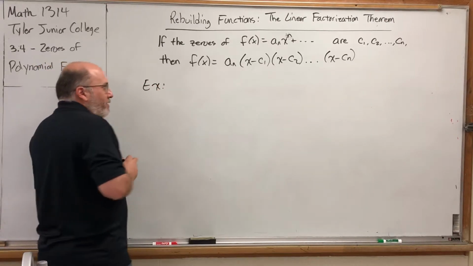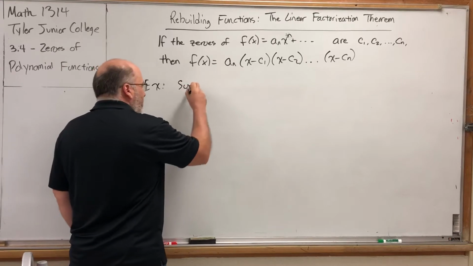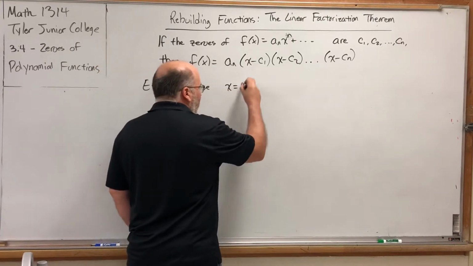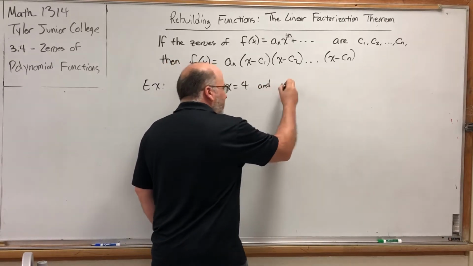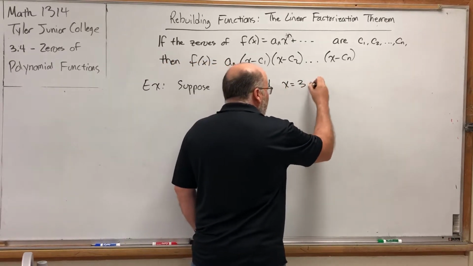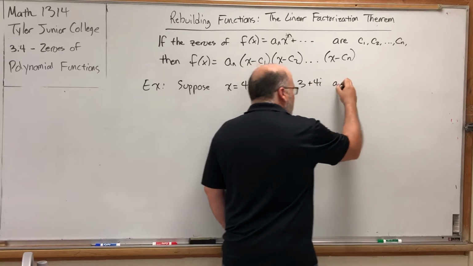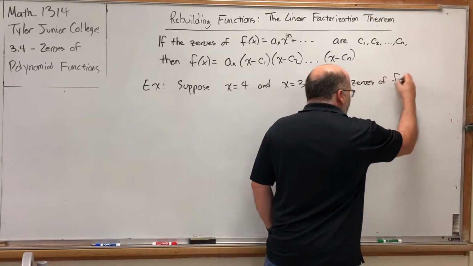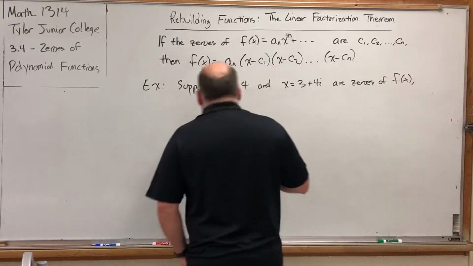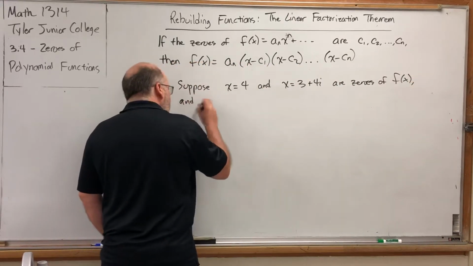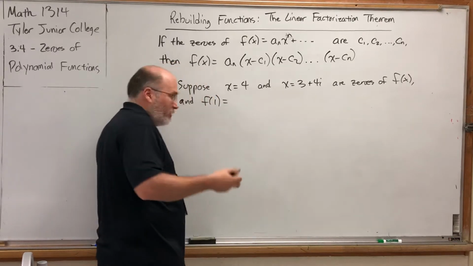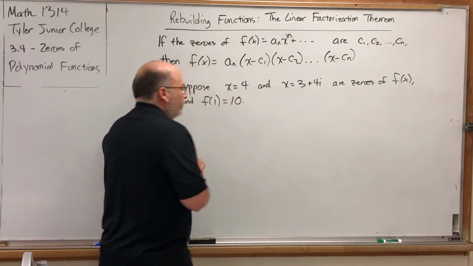But how can this be posed as a question? Suppose x equals 4 and x equals 3 plus 4i are zeros of f of x, and f of 1 is equal to, I have no idea how this is going to work out, we'll say 10.